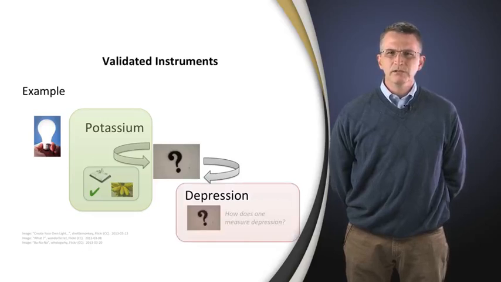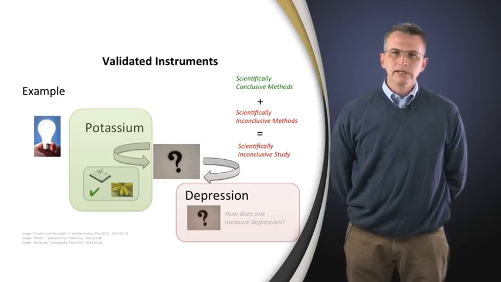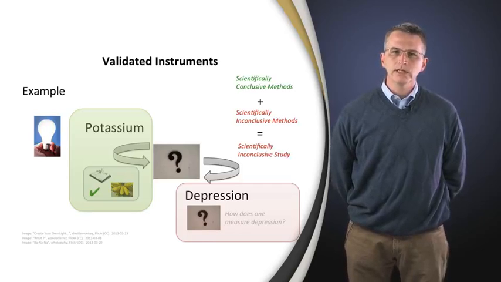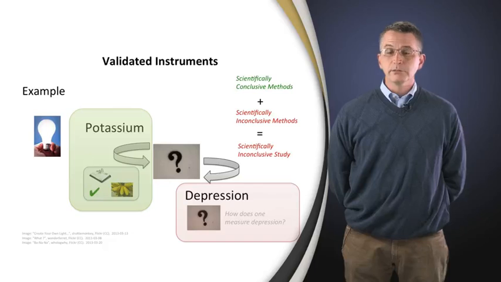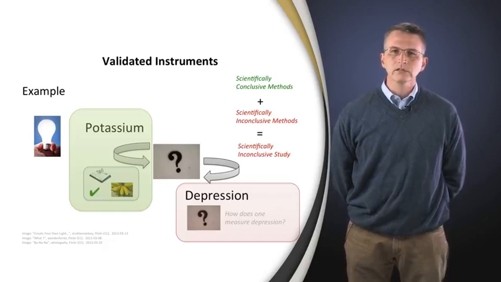The problem is we don't know how to measure depression. How do you measure depression in an individual? Again, where we come down to here is we may have very scientifically conclusive methods on one end of the study, in this case the potassium, but if we've got scientifically inconclusive methods on the other side with depression, how we're measuring, how we're quantifying and determining what level of depression an individual has, then we're going to do this study and come up with scientifically inconclusive results.